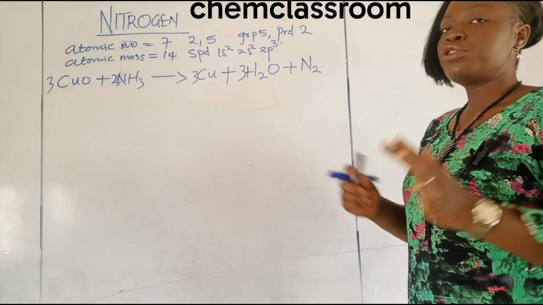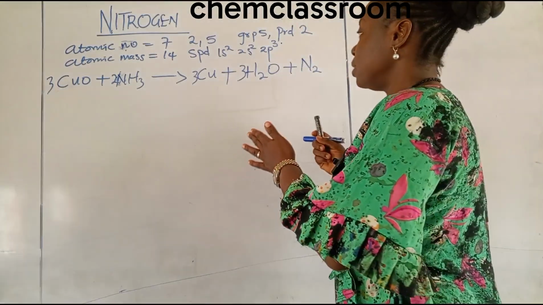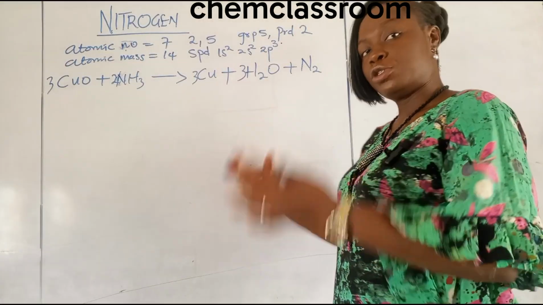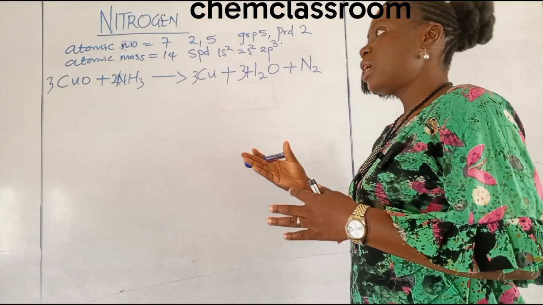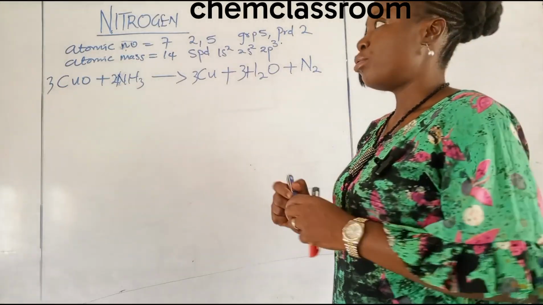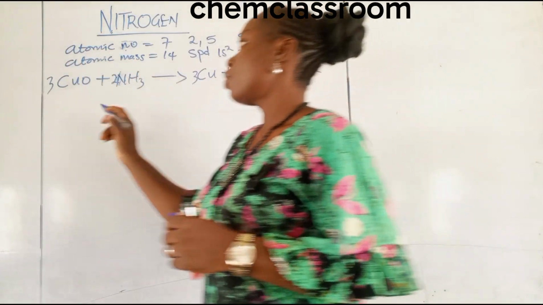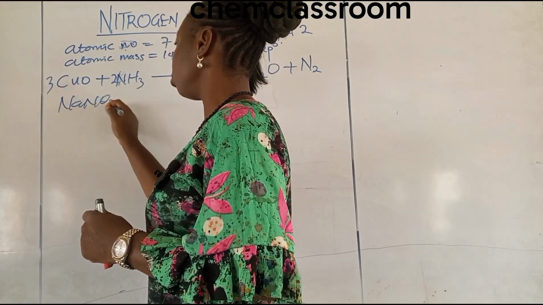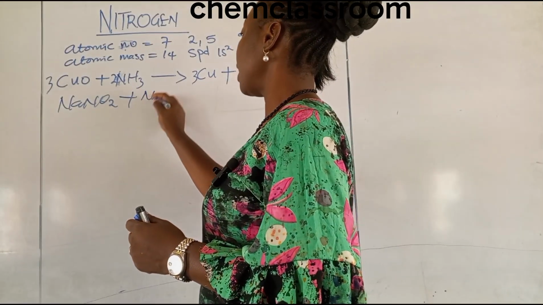Then going to the preparation using ammonium nitrite, we have to first produce the ammonium nitrite using the sodium nitrite and the ammonium chloride, because the ammonium nitrite is unstable. So we have the NaNO2 plus what? The ammonium chloride.